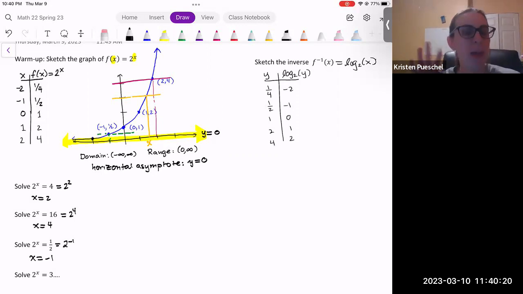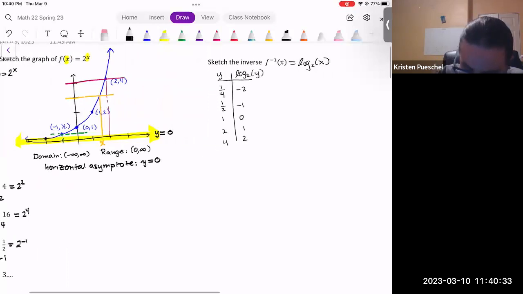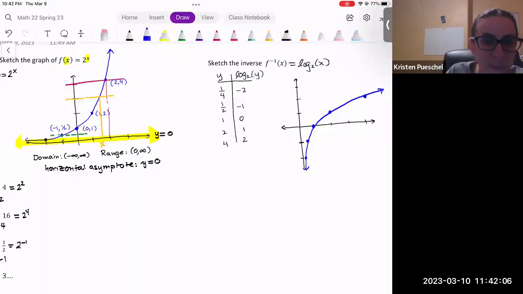So we're just flipping the x and y pairs. The other way we could think about this was imagining this line y equals x and reflecting our graph across it. Okay, so let's take a moment, pause the video, try and draw your sketch, and then we'll circle back together.